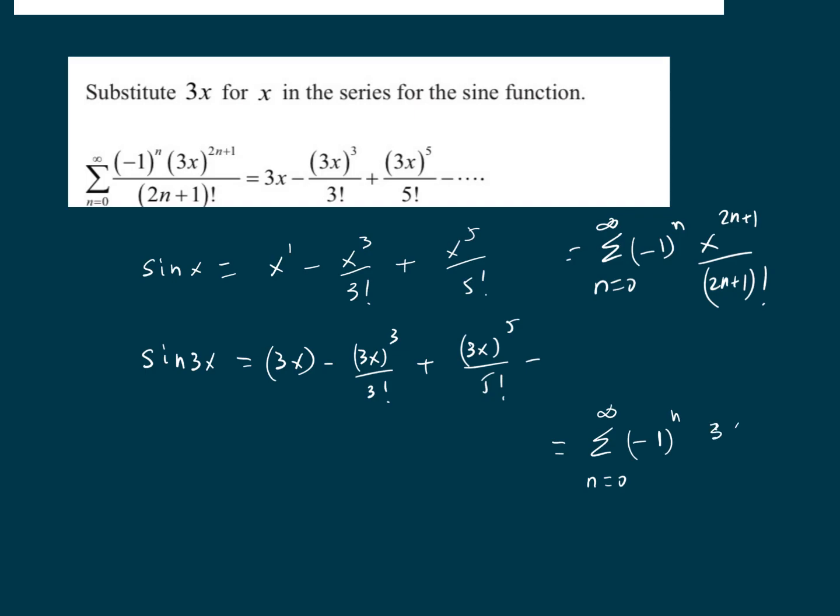So it will be 3x to the 2n plus 1 divided by 2n plus 1 factorial. And this is the power series representation of sine of 3x based on the Maclaurin power series representation of sine of x.